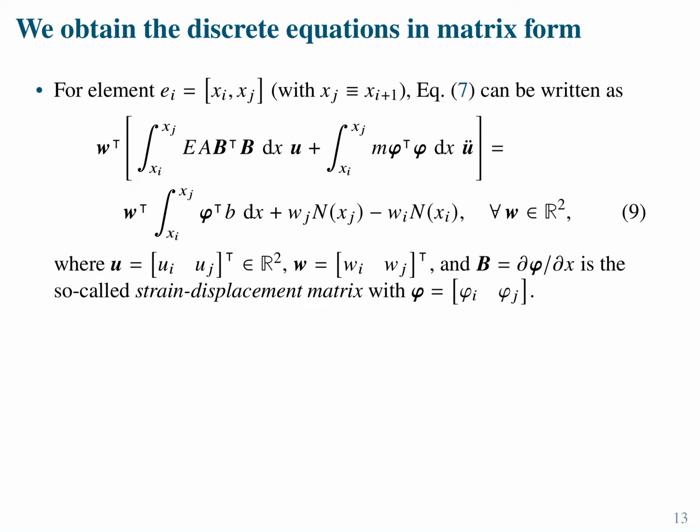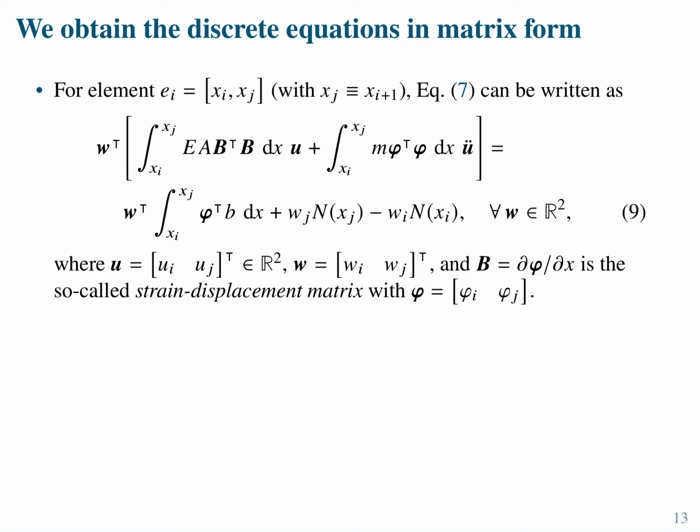When you plug in the trial solution, right? Now notice that I'm using lowercase symbols instead of uppercase symbols for the coefficients. And that is because now I'm at the element level. So to me, the uppercase U is actually comprising all the degrees of freedom. But if I am at the element level, I use lowercase symbols for U and for W.